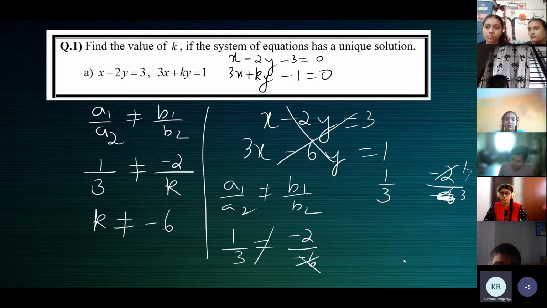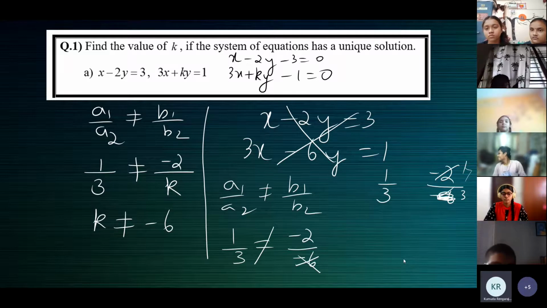For any value of k other than minus 6, the given system of equations will have a unique solution, because you will get 1 by 3 equal to 1 by 3 only when k is minus 6. Supposing k is not minus 6, you will get some other ratio. That means a1 by a2 is not equal to b1 by b2, so unique solution.